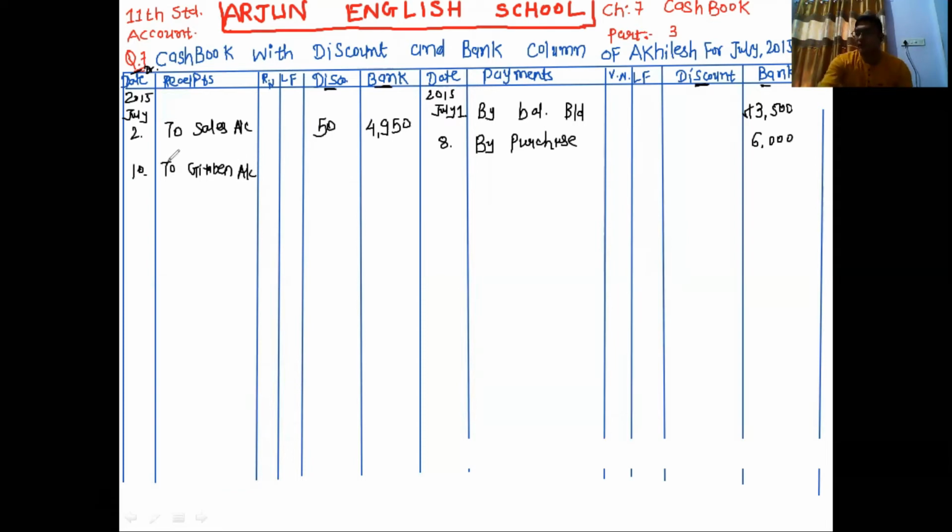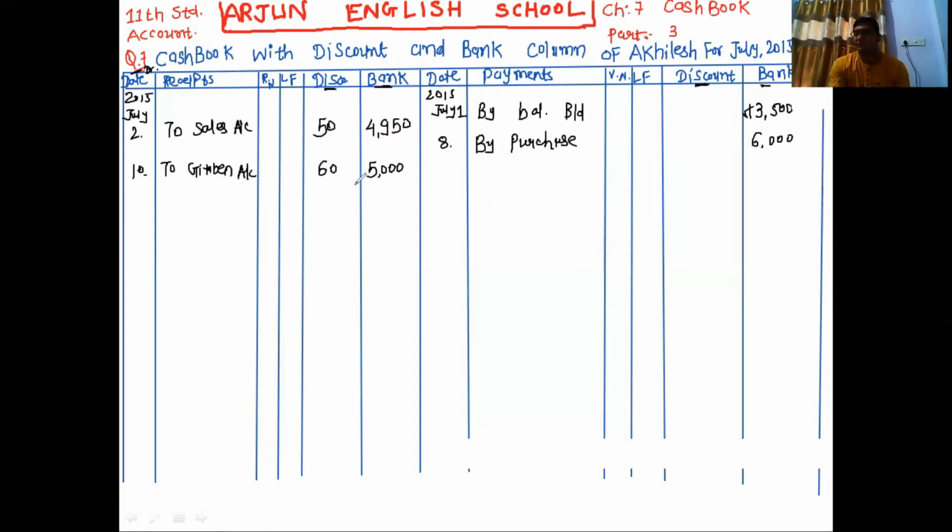Check of 5,000 is received. In bank column we have to write down 5,000. In full settlement of 5060, Gita Ben has to give us 5060, but she has paid 5,000, meaning she has paid 60 rupees less. It is a discount. In the discount column we have to write down 60 rupees.